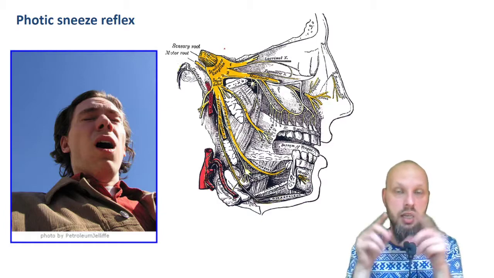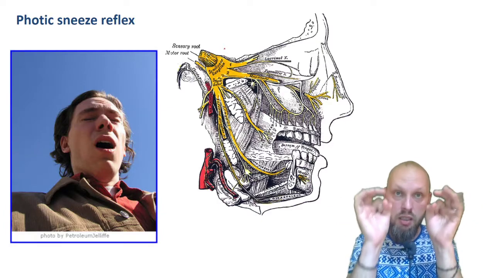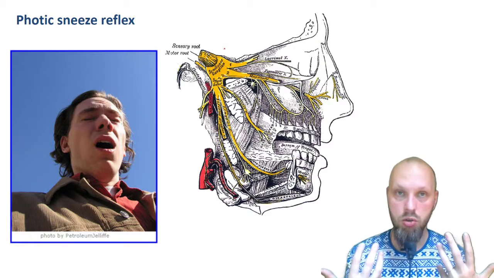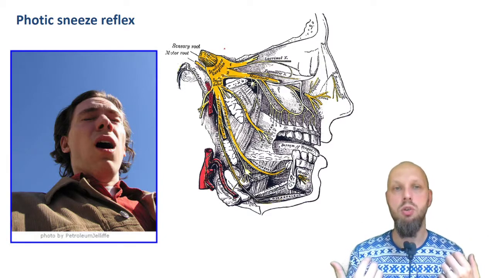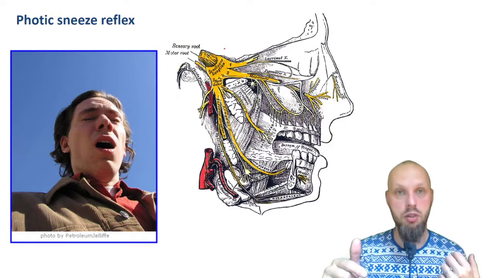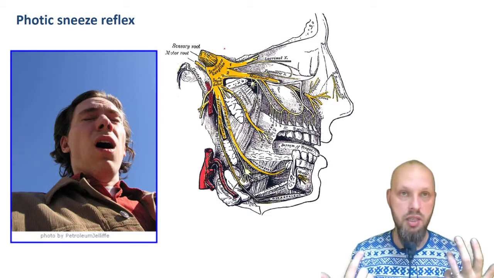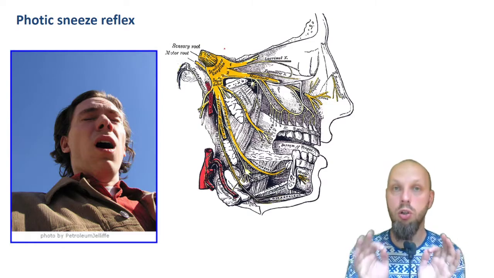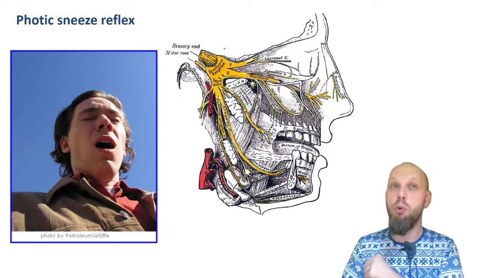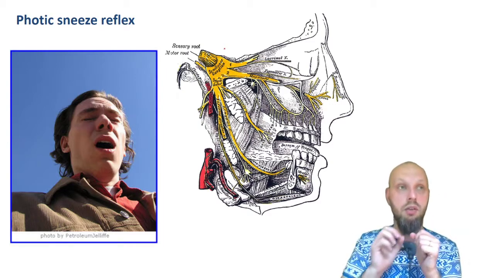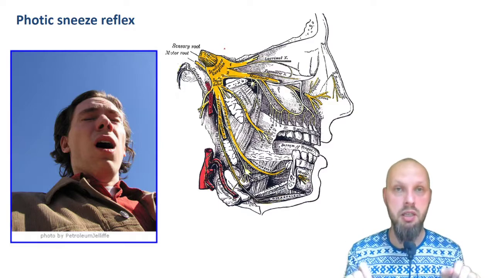So axons that command your pupil to contract when you look at a bright light, by mistake make neurons that come from your nose to the brain spike, as if there was something in your nose, and then you sneeze. Not all people have it, but slightly more than half of all people actually have it to some extent.